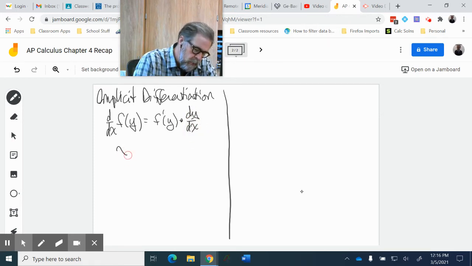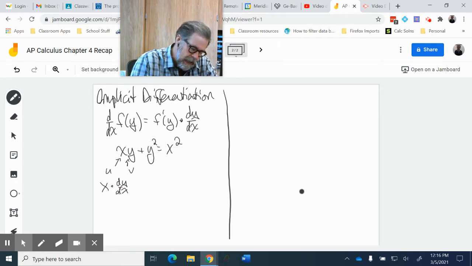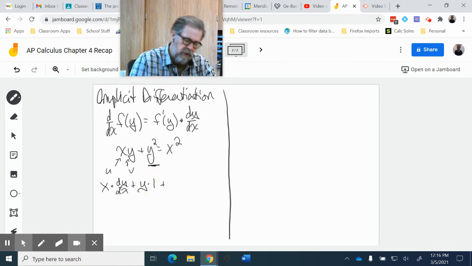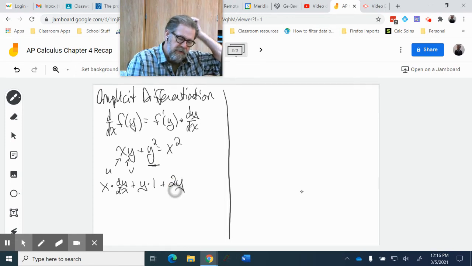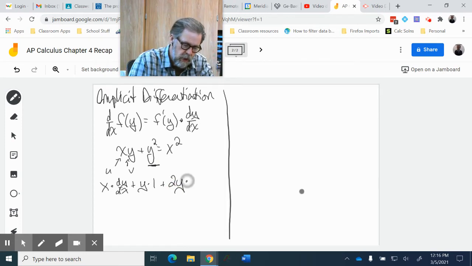So an example would be xy plus y equals x squared. Let's make that a y squared just for fun. Product rule: this is u, this is v. We've got u dv plus v du, plus, now the implicit differentiation says that the derivative of this is 2y, the derivative of y squared, times the derivative of y.